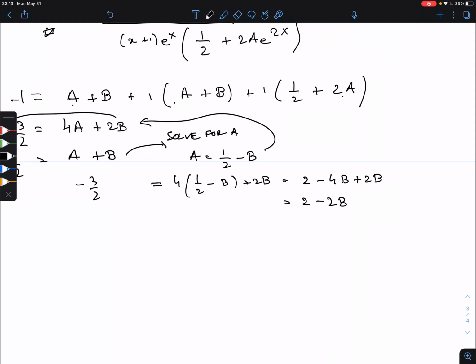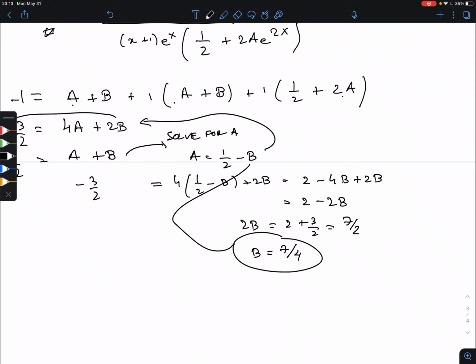So bring the 2b there and the plus 3 halves there, that is 7 halves, and that is 2b, so b is 7/4. And then once I have that, I can plug this in here. So a is a half, which is 2/4, minus 7/4, which is -5/4.